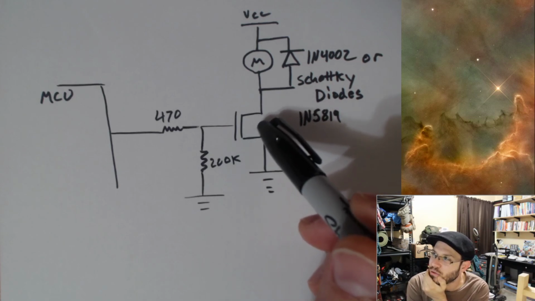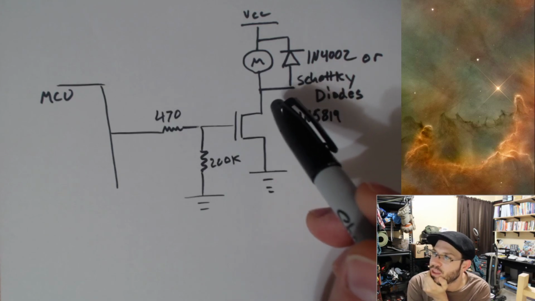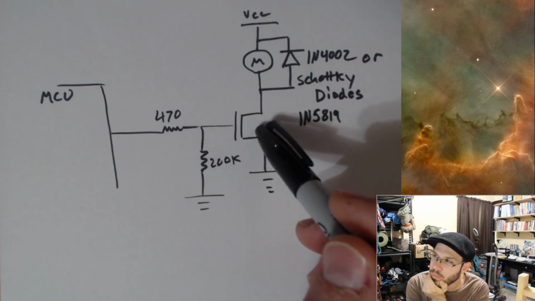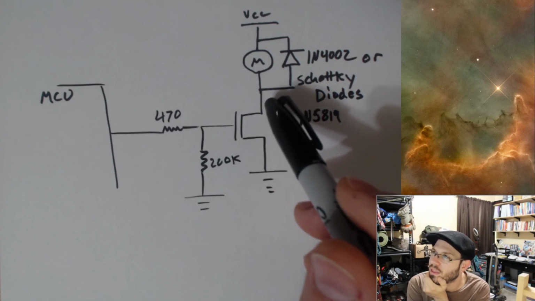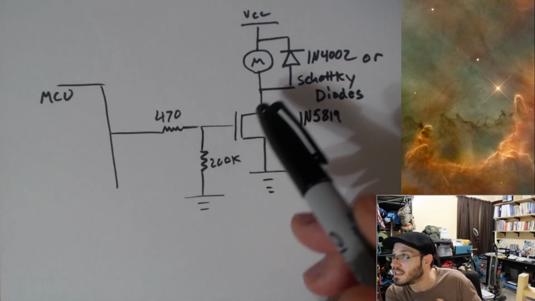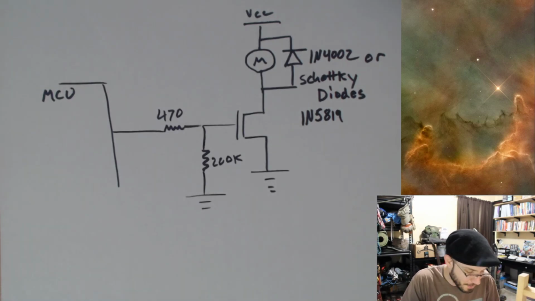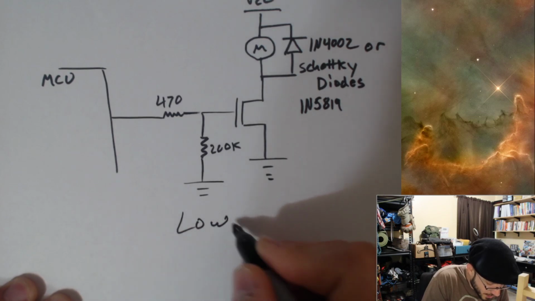You are not using a simple low side switching circuit. So there are other ways to control larger motors. I don't think it would be as simple as using a MOSFET. I was saving this for another few minutes, but this is called a low side switching circuit.